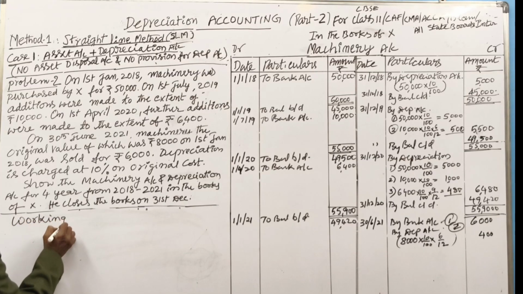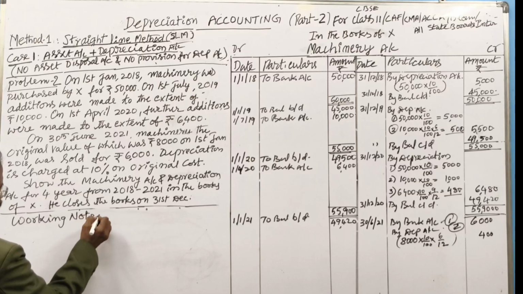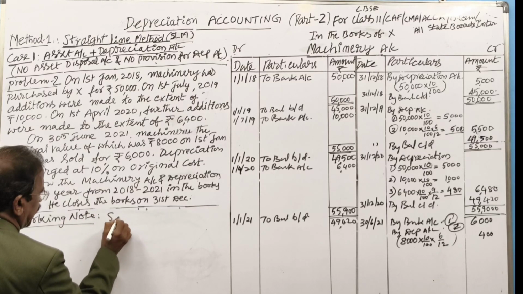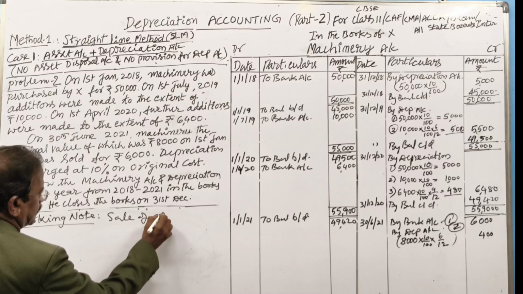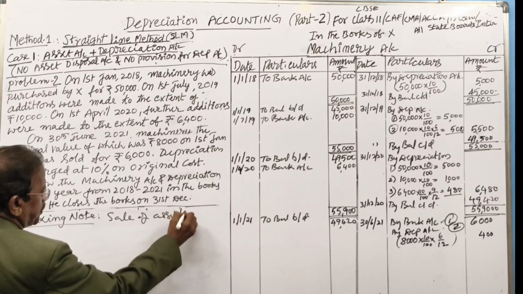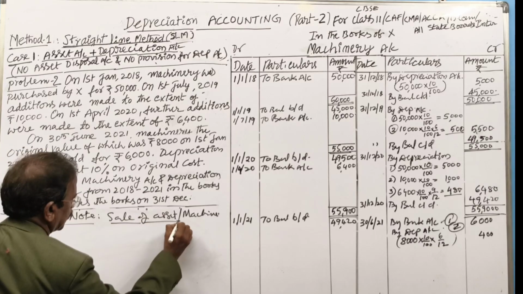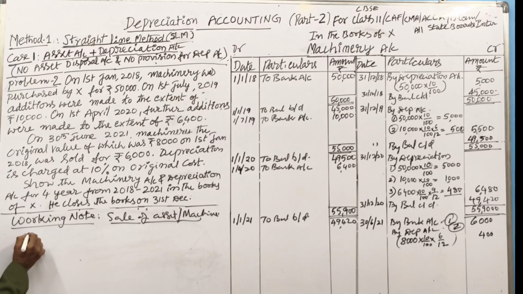You should write a working note for finding the profit or loss. You should write here sale of asset, simply machine. First, you should take the original cost.